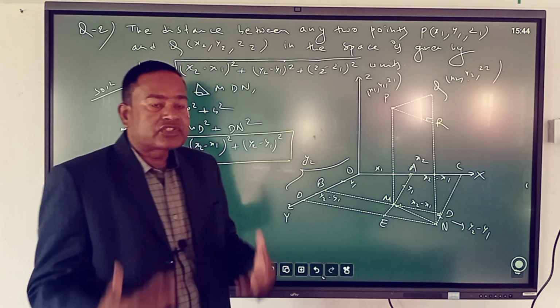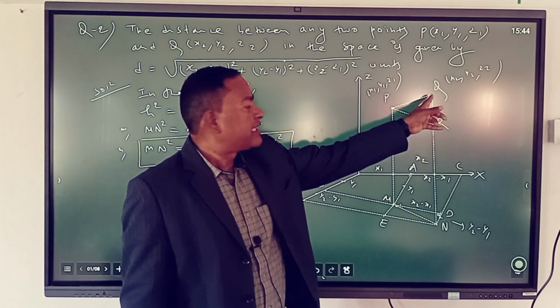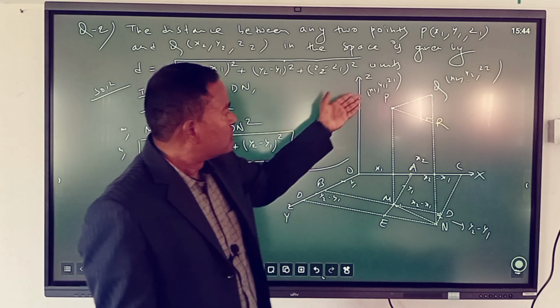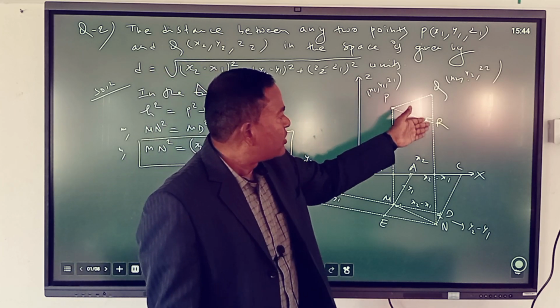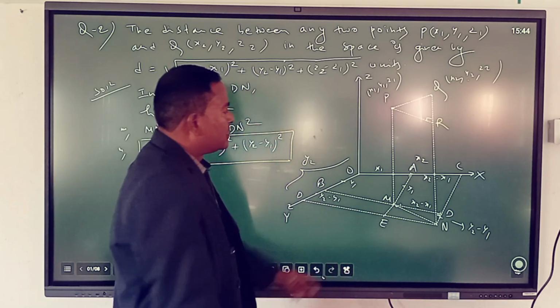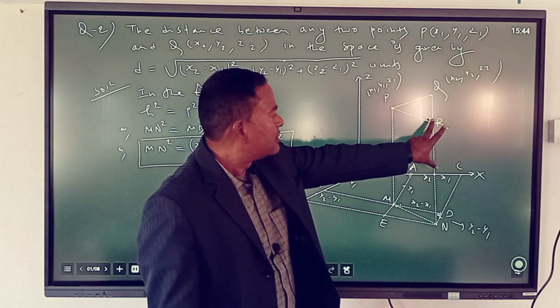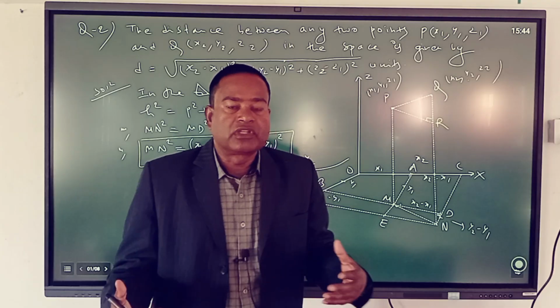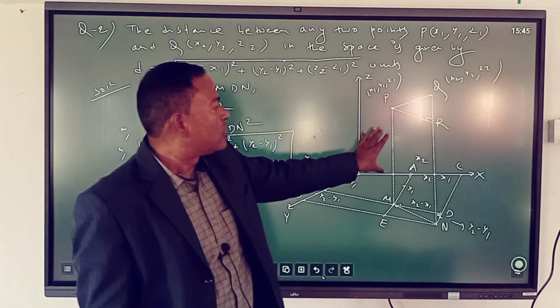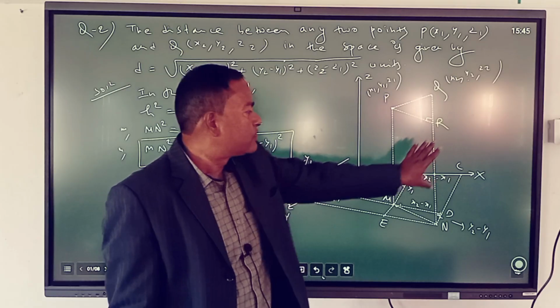So this is the last construction now, because we have to find the distance between the given 2 points P and Q. So if we draw PR perpendicular to QN, then PM and RN will be equal. A rectangle will form in this space, and we know that the opposite sides of a rectangle are equal.